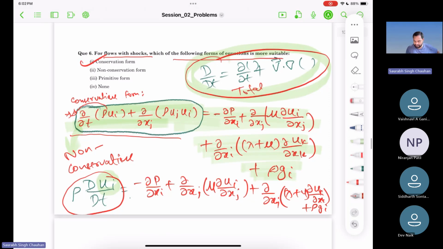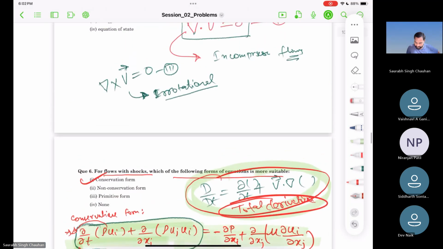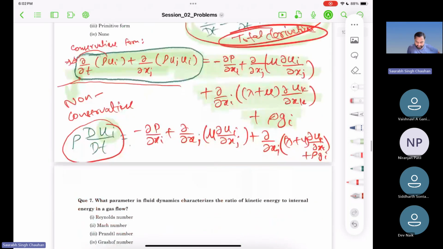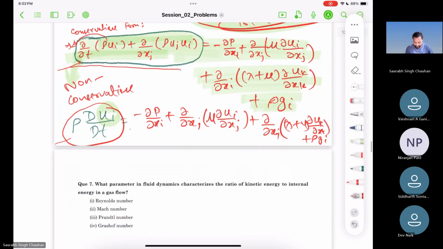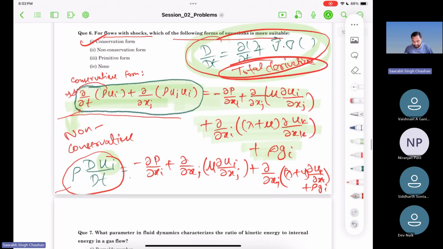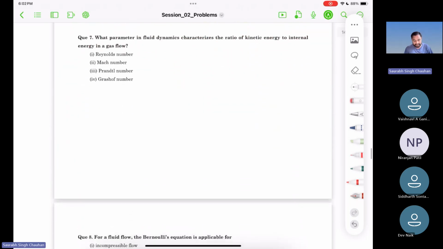If there is any doubt, basically the few terms which you should know are: what is total derivative, how to do this expansion using the chain rule, and how to make this term 0. This is basically mass conservation, and you get the non-conservative form. So if there is any doubt, then please ask, or you can just revise using any fluid mechanics book.